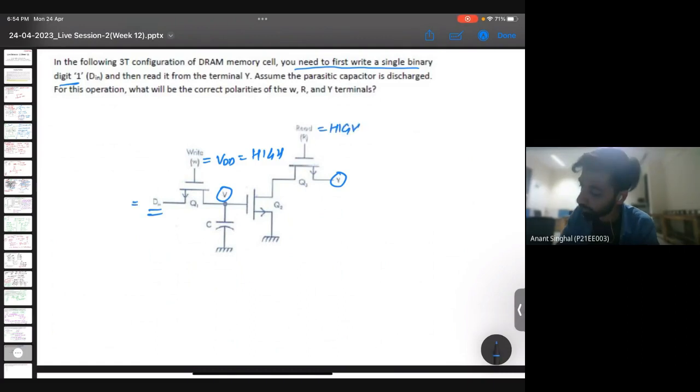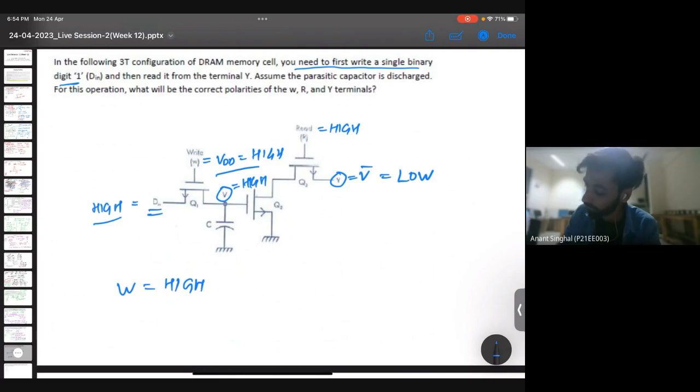The read also we need to do high, and once we have both of them as high, we will receive a V high, and we'll receive an input which is inverted, which is low. So according to the question, W will be high, then R should be high, and then this Y should be low. So the correct answer to this question is high, and then low.